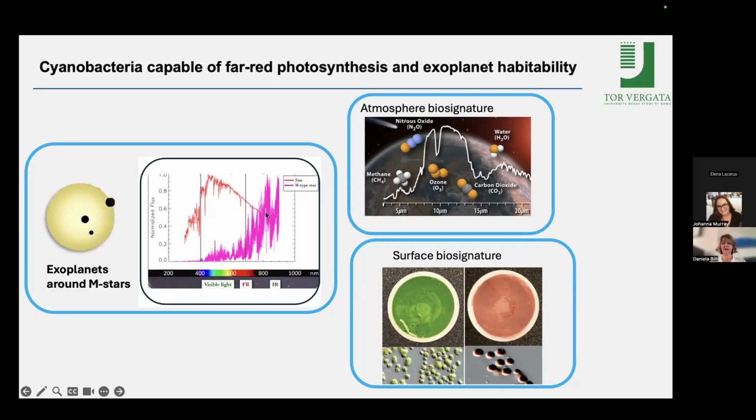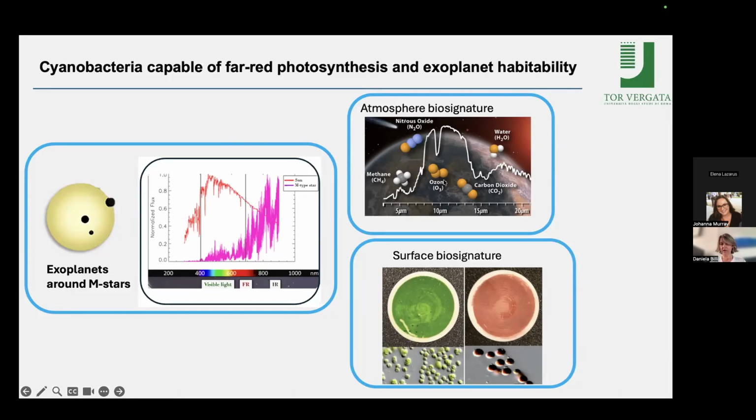And so it is very interesting that we have organisms on Earth, cyanobacteria, that can perform oxygenic photosynthesis using infrared light. This is because a potential habitable exoplanet, of course, we can look at only using a space telescope or ground telescope.